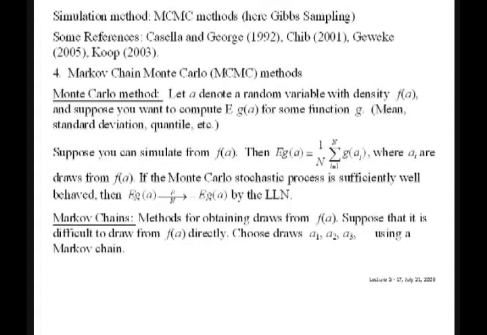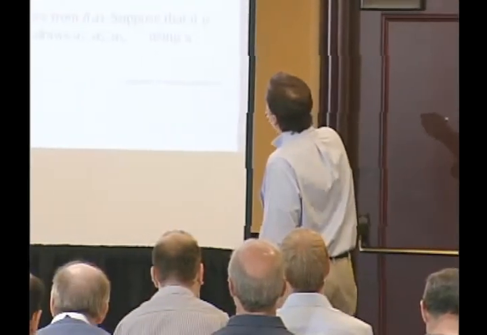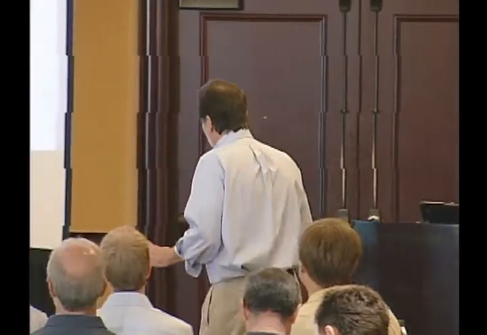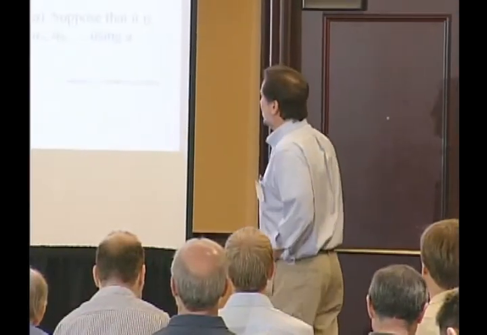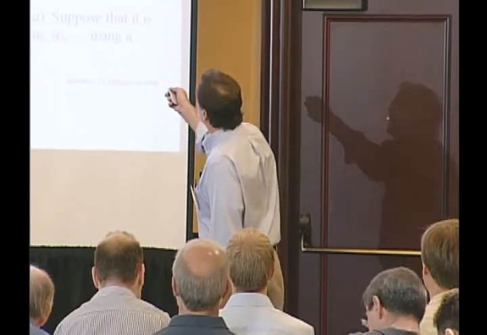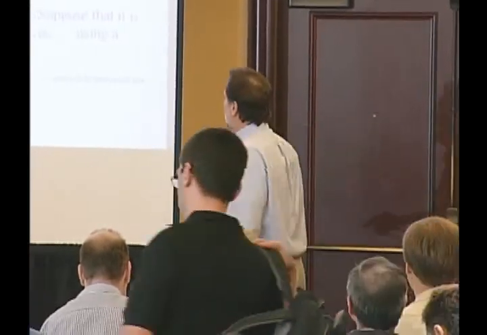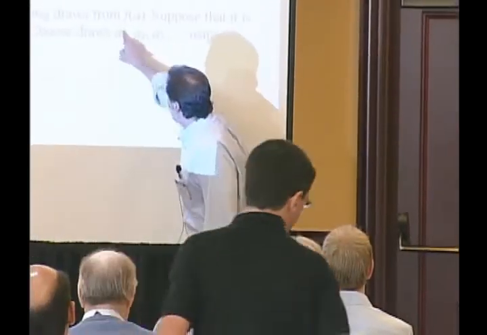So now the Markov chain bit of this is: what if you can't draw from f of a in an easy way? So you don't know what that density is, so you can't get these IID draws from your random number generator. So now, what might you do? Well, the game here is, instead of taking independent draws from F, you're going to choose a sequence of A's where these A's are generated by a Markov chain.